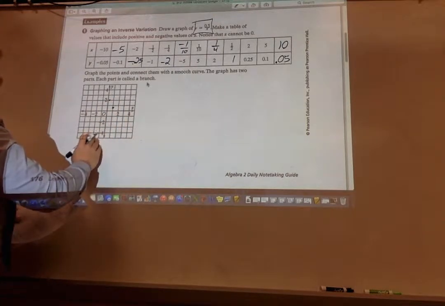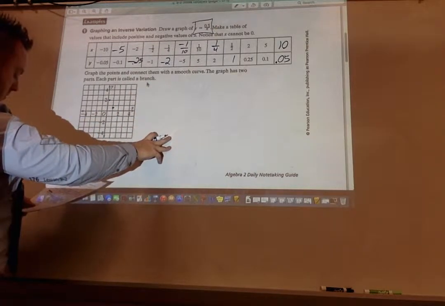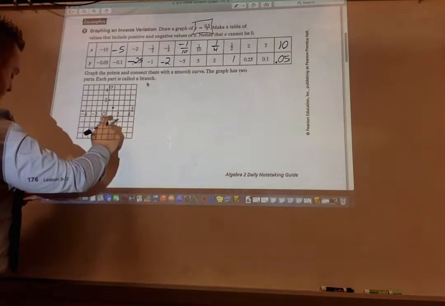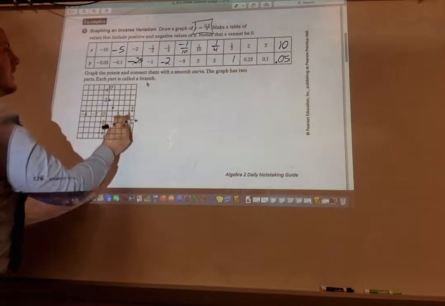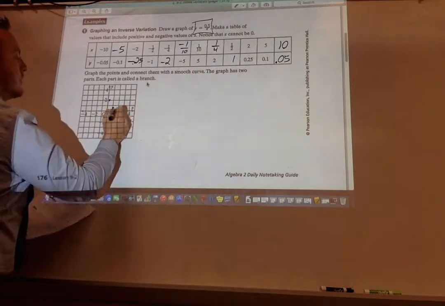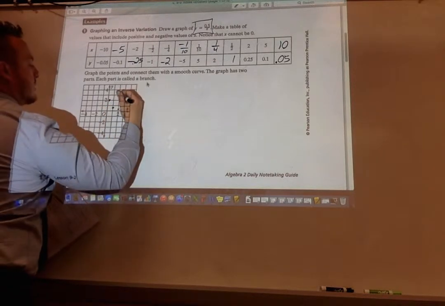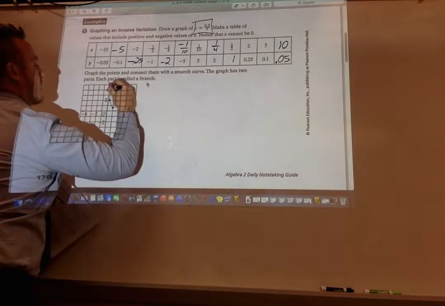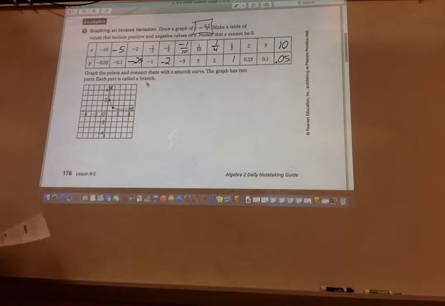Somewhere in between there, and then let's go to positive 2. So positive 2, 1/4. Now you can kind of see that this is going to get us a curve. From using your graphing calculator, you'll notice that it becomes a nice curve like so.